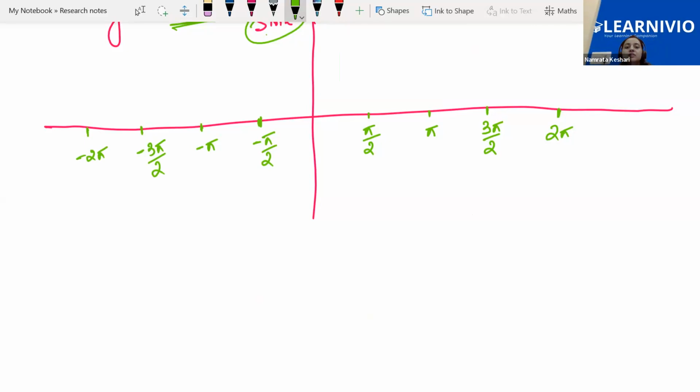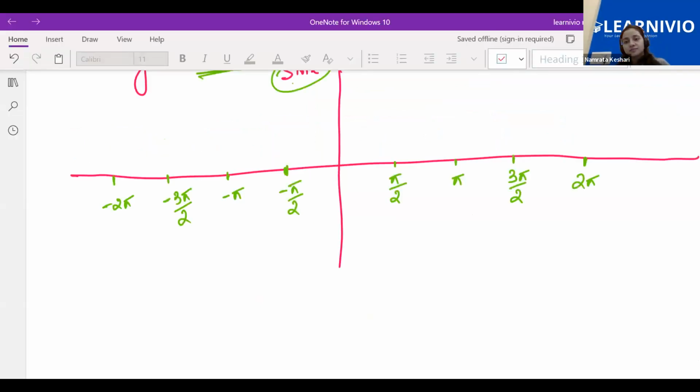Yes. Sin 0 is? I'm asking you both. Cosec 0 is what? Is it 0? No, ma'am. Then? Cosec 0 is what?